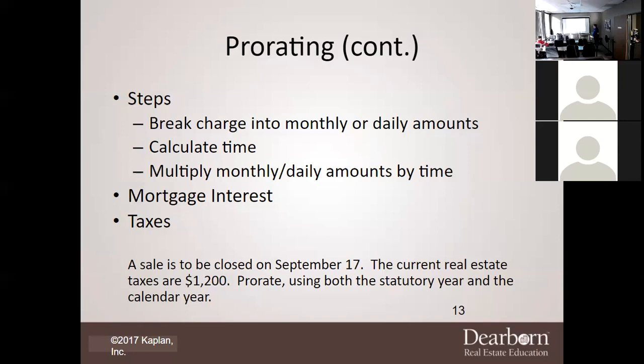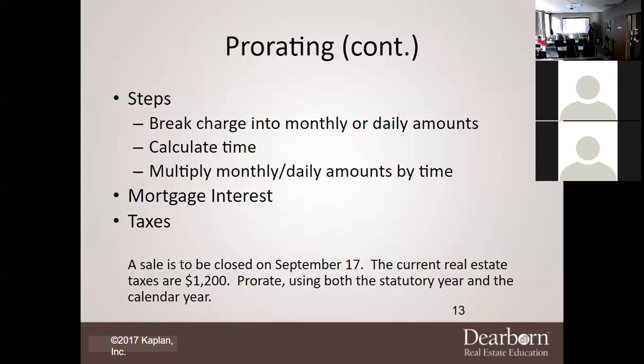Now, where they want you to do the statutory and the calendar is in September. So if it's 30 days, you would take 100 and divide by 30. What's that give you? 3.33. Okay, and then you multiply it by what? 17. 17, which gives you what? 56.6.